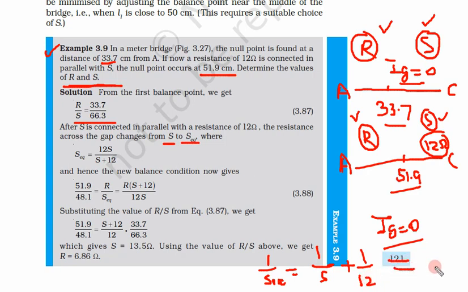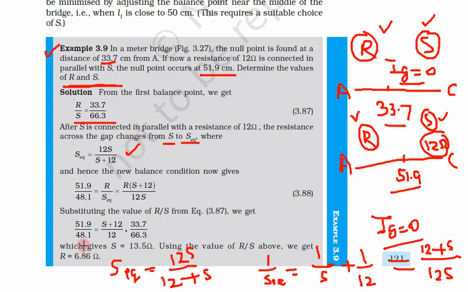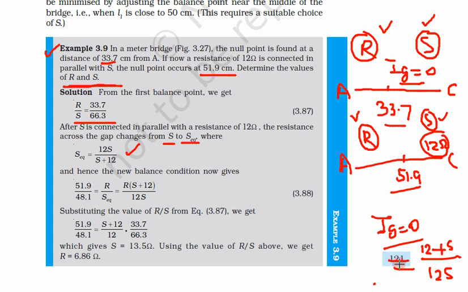Taking this common, this becomes 12S and this is 12 plus S. So S equivalent is 12S upon 12 plus S. This is the equivalent resistance when we have the 12 ohm resistance added in parallel. So this is the new resistance of this arm.